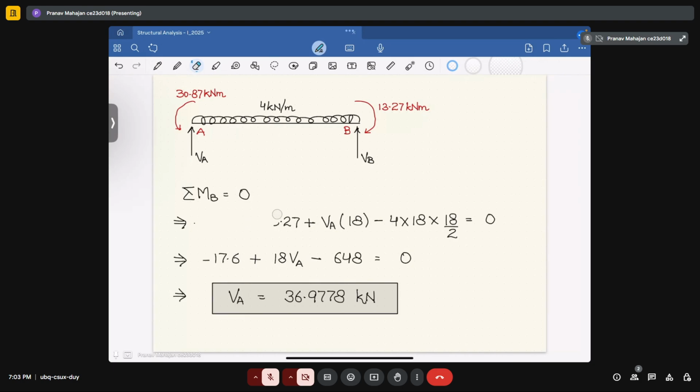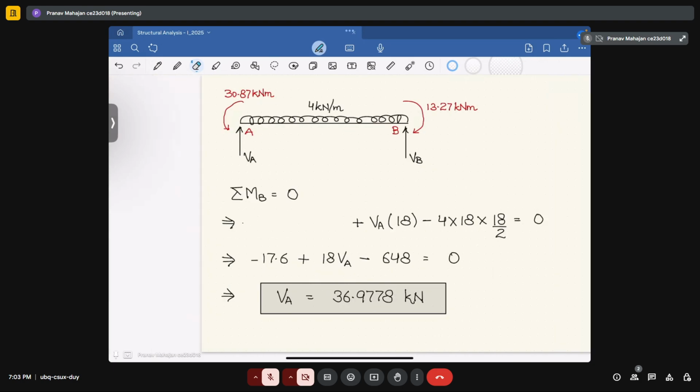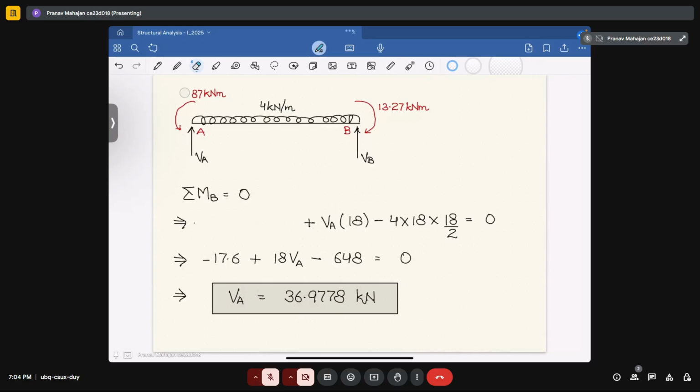So that will be minus 126 and 72. That will be minus 126 plus 72, and this will come out as minus 54.